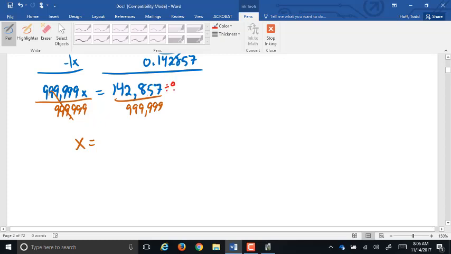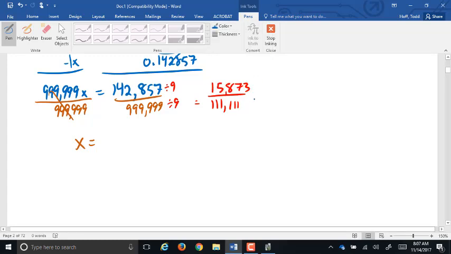That divides by 9. Because the digits add up to 27, which is divisible by 9. So on bottom, that's 111,111. On top, let's see, that's 1, carry the 5, 5, carry the 7, 8, carry the 6, 7, carry the 2, 3, 15,873.